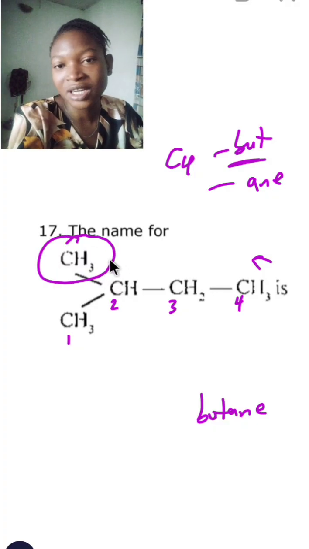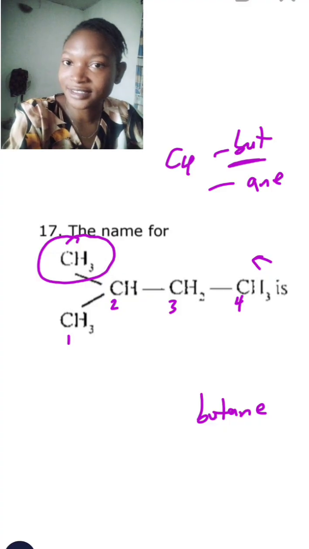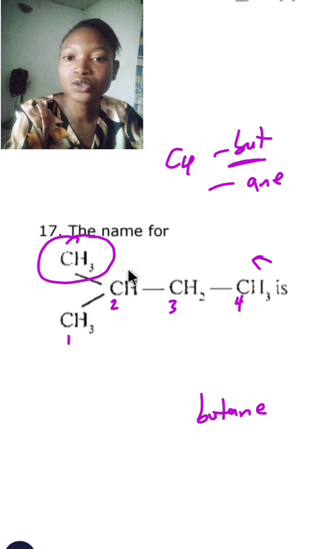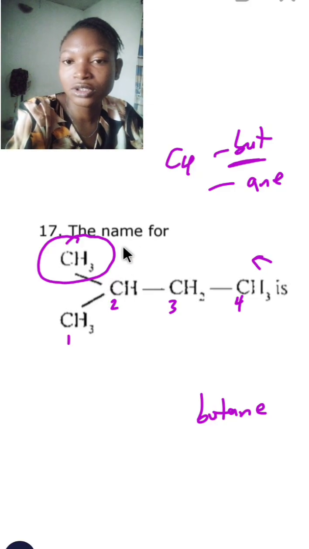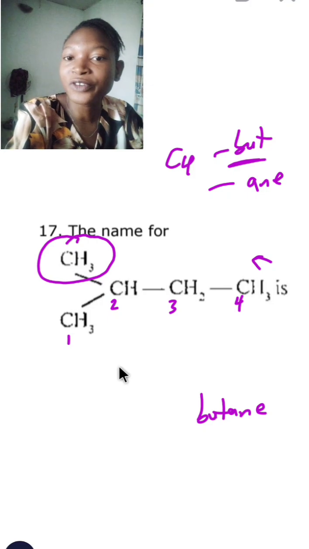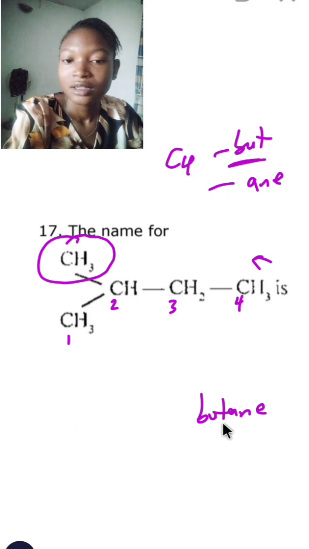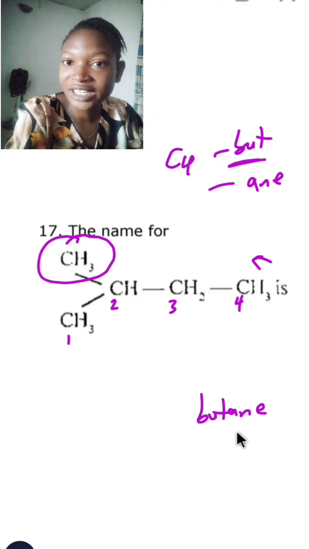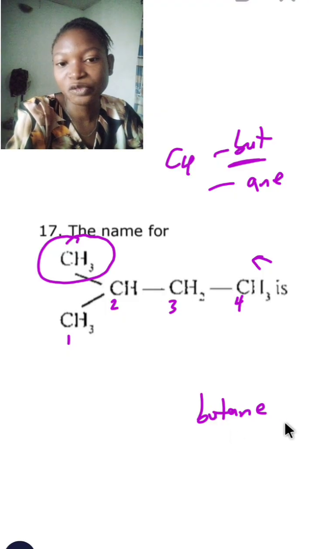Assuming we have 2, you can now proceed to the third law, which says, are your substituents the same? Because we have just 1 here, there is no need to go back to that law. And another thing is that you have to name your substituents before the parent chain, which is why I left space here so that I can write my parent chain at the back. You name your substituents before the parent name, which is butane.